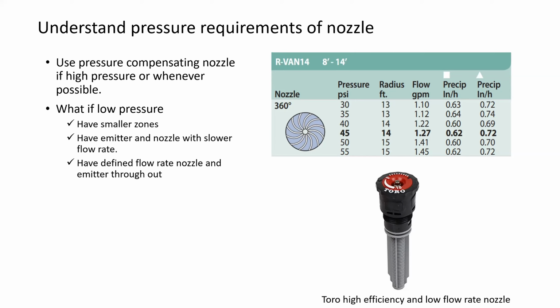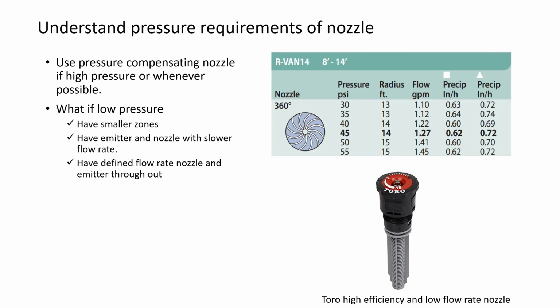And with all of these, your flow rate changes. So consider the zone that you have customized your heads or emitters to, and consider the water that you would be using. From 1.1 to 1.45, that's close to 40% more water per minute.